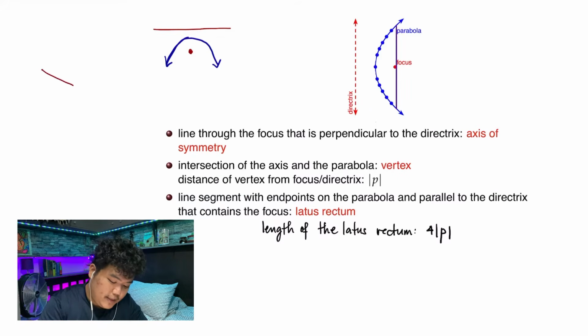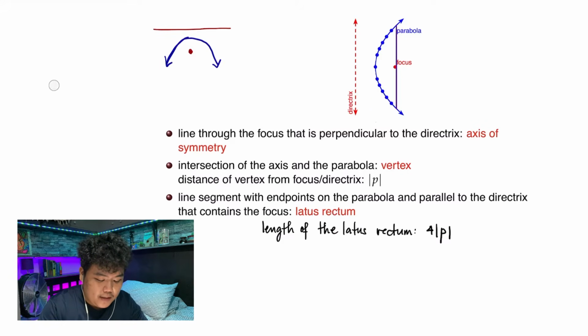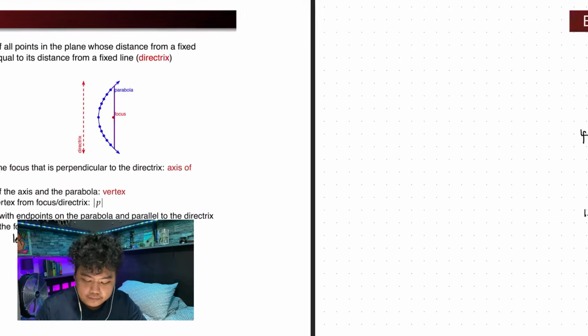Kung pag ganito naman, paslant yung directrix mo and yung focus mo andyan, your parabola will have this opening. Although hindi naman tayo interested sa mga paslantly opened parabola. We're just interested with the parabola that opens to the left, right, up, and down.